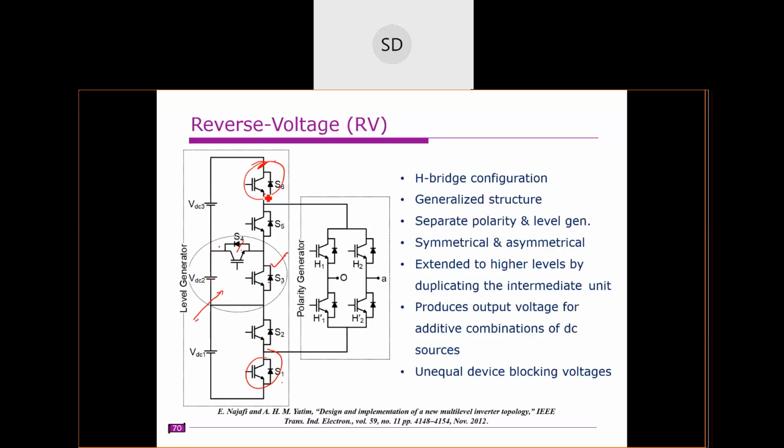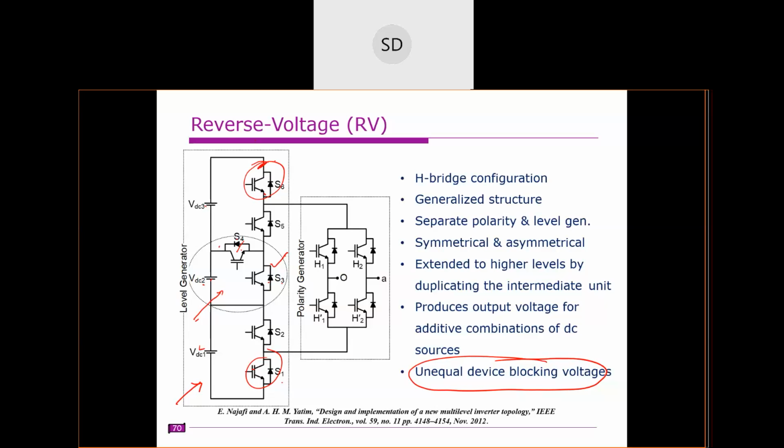But this one will always change. So this is equal to VDC2 plus VDC3 or VDC1 plus VDC2. That's why it has unequal device blocking voltages. Earlier, in the level generator, the blocking voltages for all devices were the same in the symmetrical case.